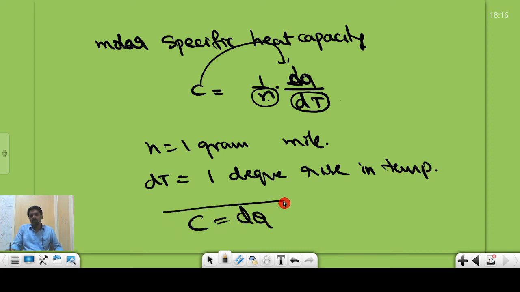That is, the amount of heat required to raise 1 degree temperature for 1 gram mole of the substance.